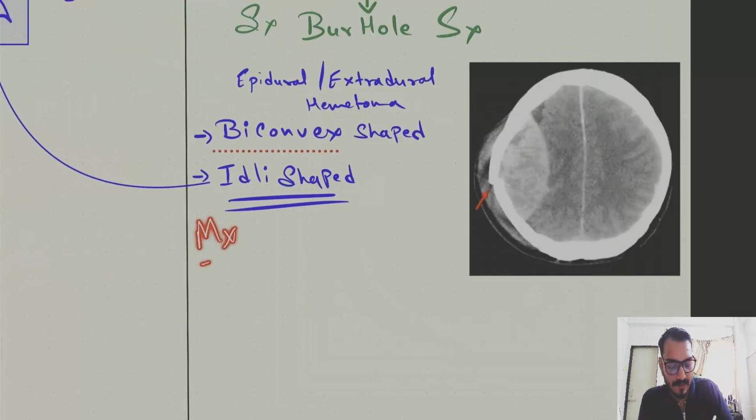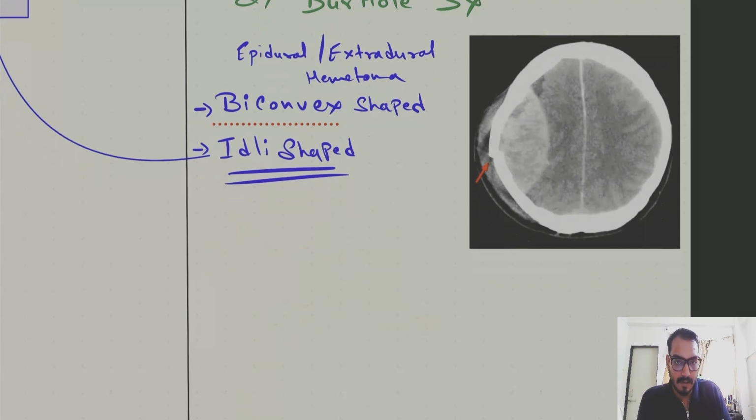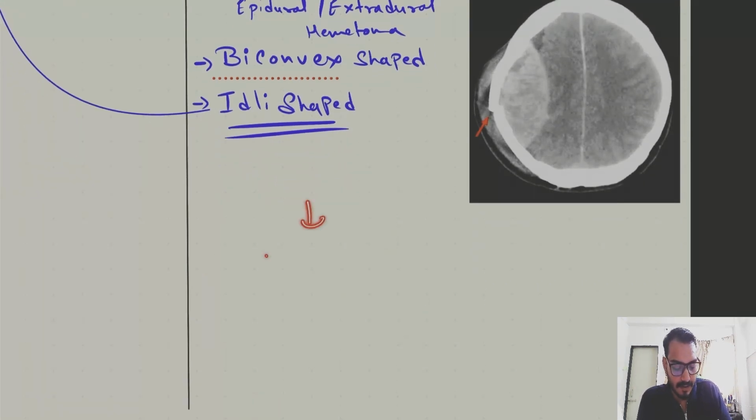How will you manage this patient? You will admit the patient. First of all, you have to do the CT scan. Then in the CT scan they see this idli-shaped hematoma, and you are confirmed that it is an epidural hematoma.